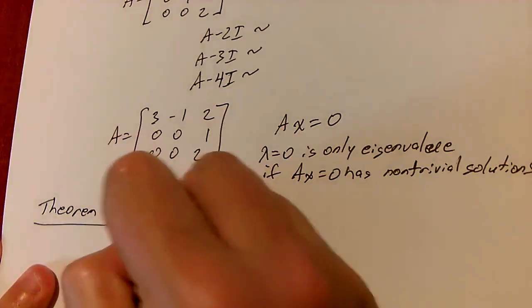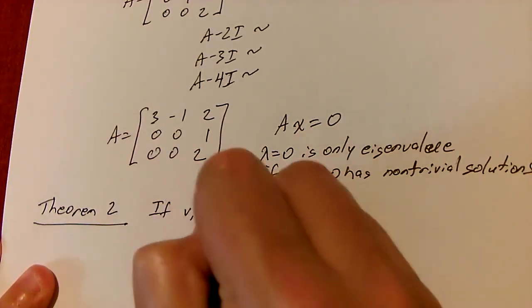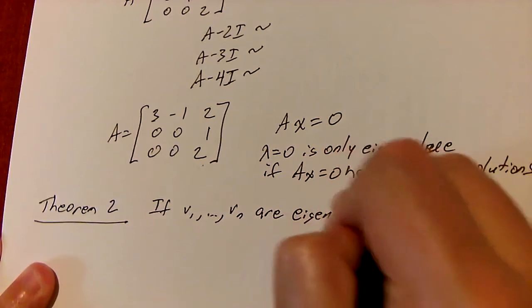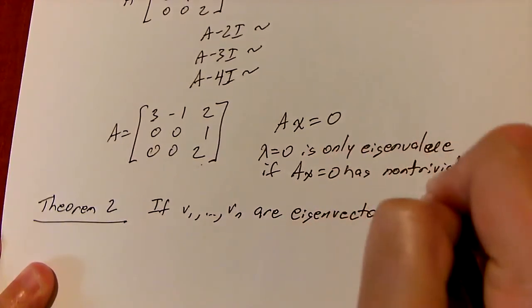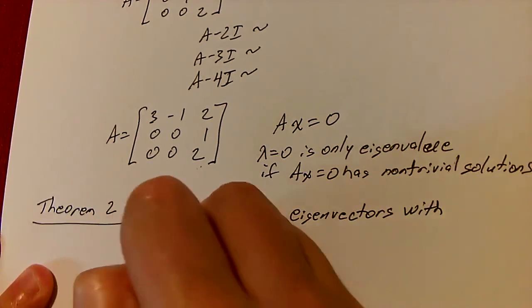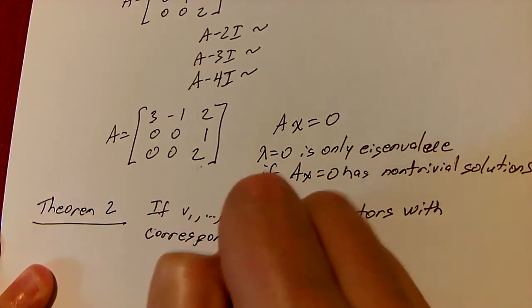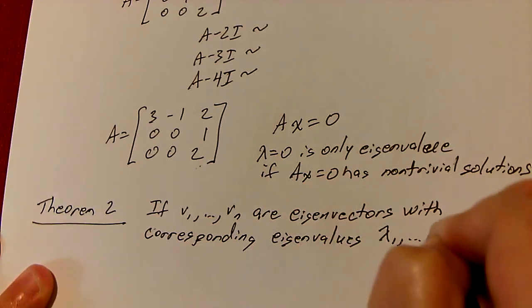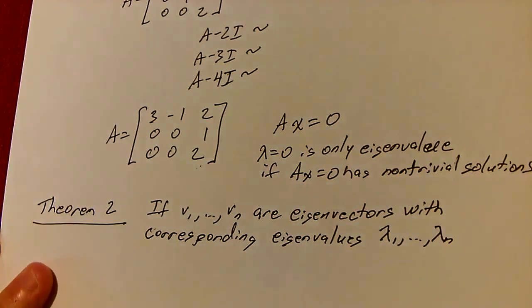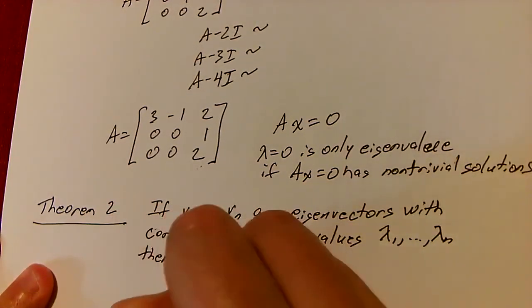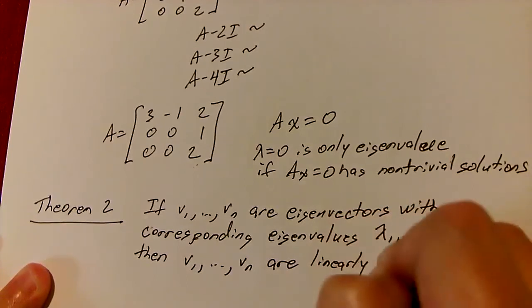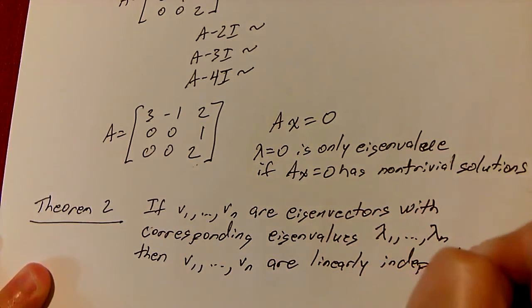So if V1 through Vn are eigenvectors with corresponding eigenvalues lambda 1 through lambda n, then V1 through Vn are linearly independent.